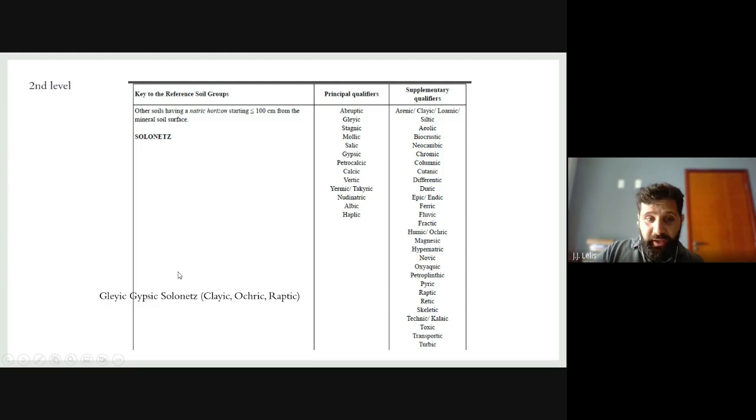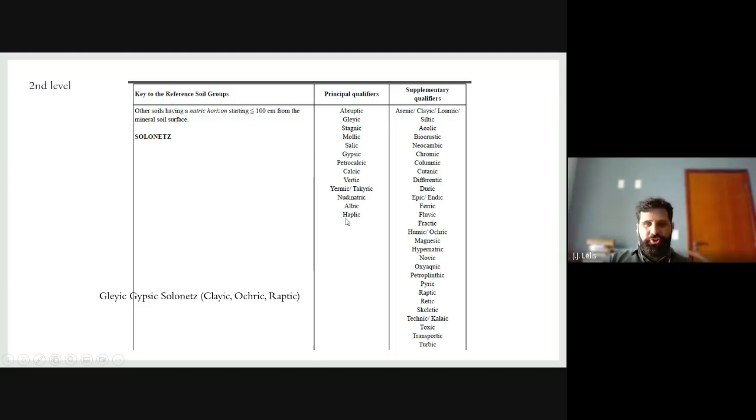So for the classification of the soil, in the specific example, we always need to follow these criteria. First of all, we need to identify the reference soil group, the first level. And after the first level, we need to identify which principal qualifiers we can see in the soil profile. We insert all the principal qualifiers that we can find, and we need to follow this list.